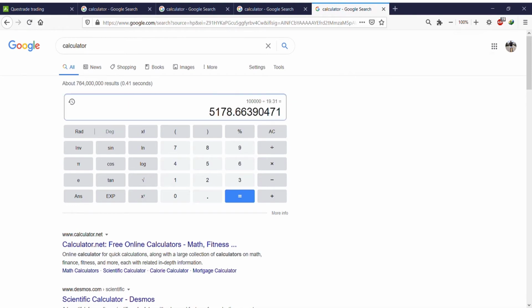So it shows you that you can buy 5,178. Okay, we don't care about the rest because the rest is decimal. So 5,178 shares of Ryokan.